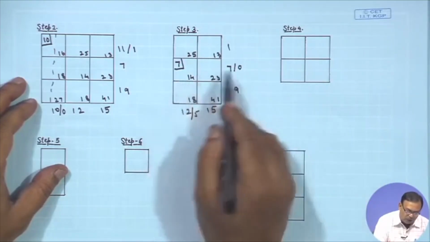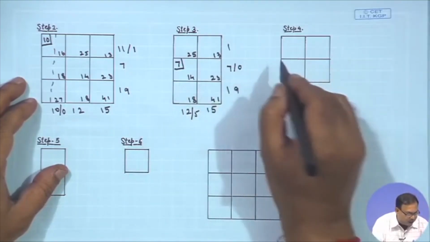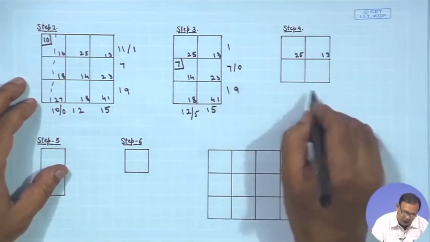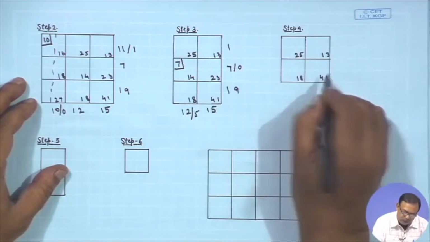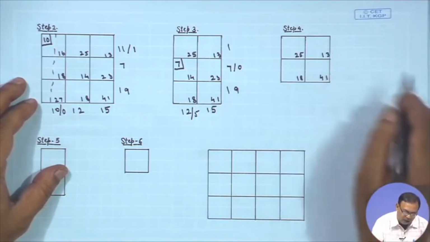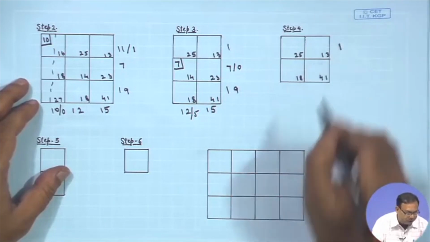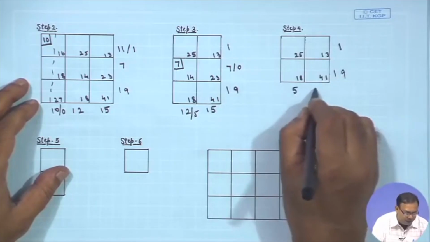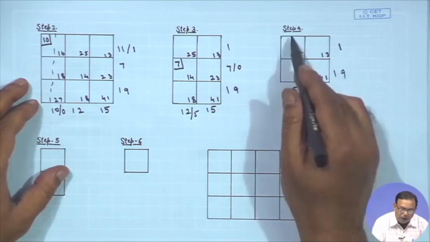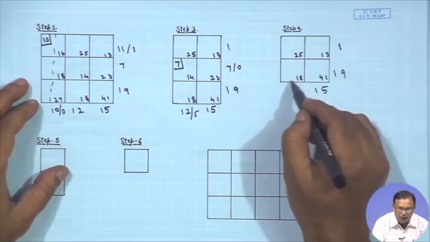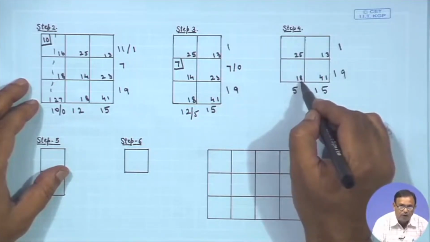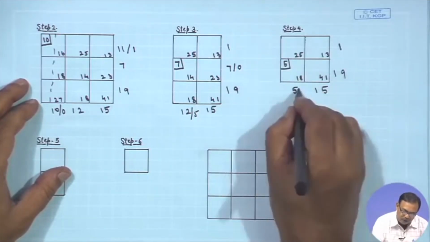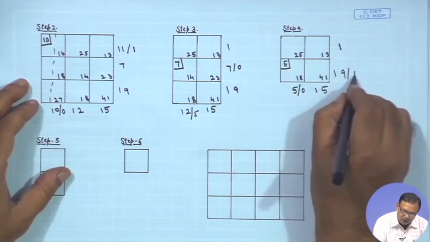So, now you remove this one, so that you will obtain 25, 13 and the last row 18, 41 and the allocations will be 1, here it is 19, here it is 5, here it is 15. Now, again on the first column minimum is the second cell, that is where cost is 18 and minimum of 5 and 19 is 5. So, allocate 5 here. So, this will be 0, this will be 14.